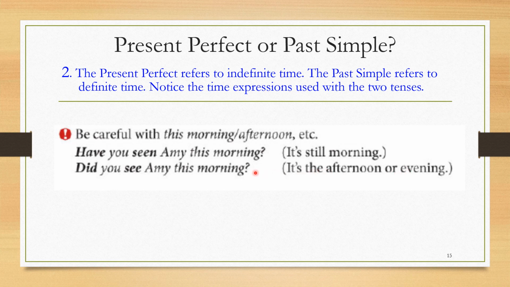All right? "This morning" means it's still in the morning when you use it with present perfect. But when you use it with past simple, it means that right now you are in the afternoon or in the evening.